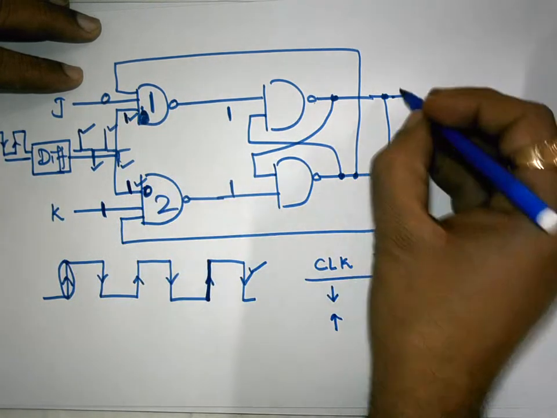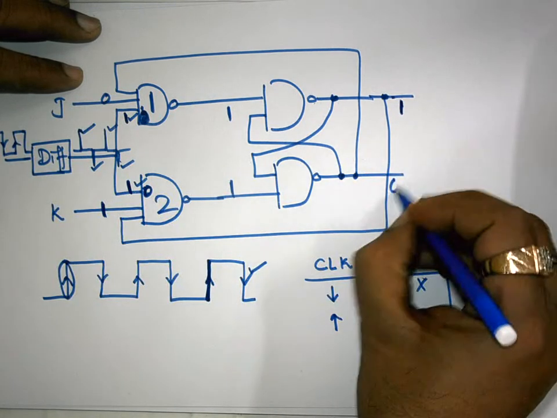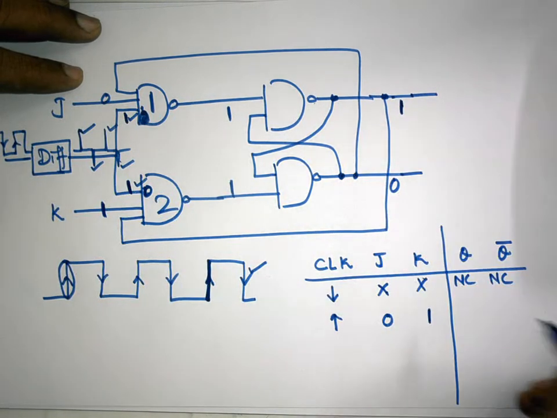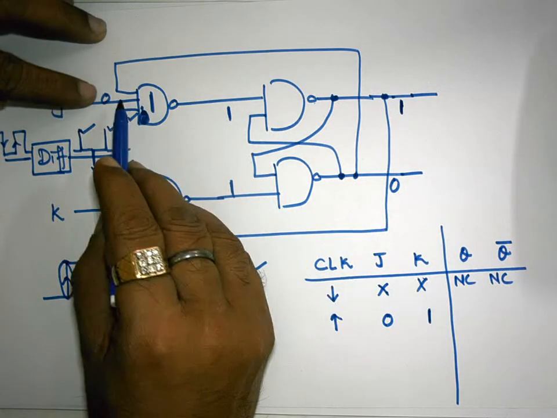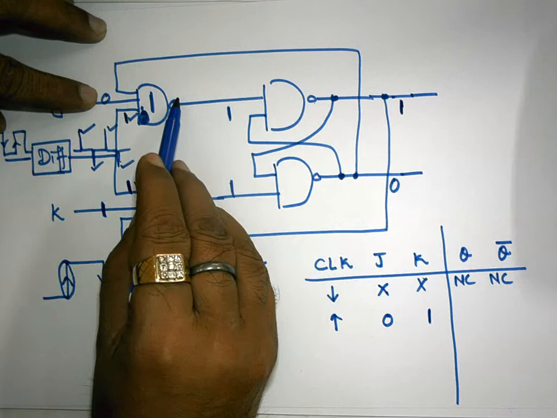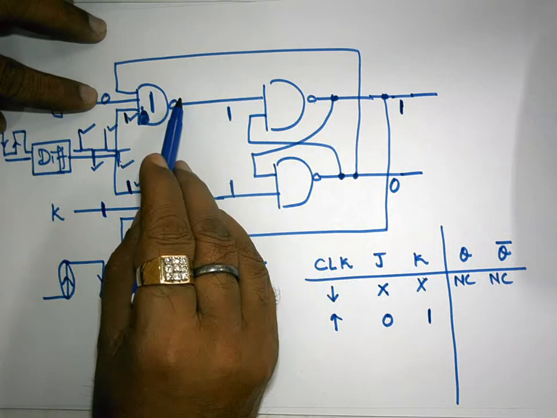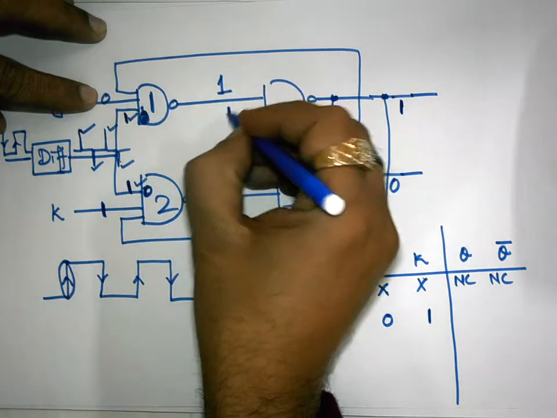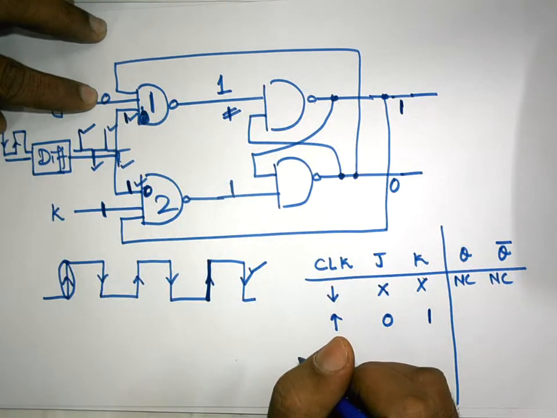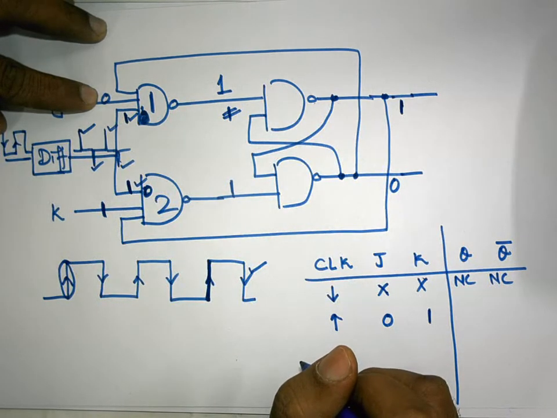Okay. And you can assume that the present state is 1 0. So the input which is having a 0 value at the NAND gate is definitely going to become 1. We need not see what is coming at the other input.